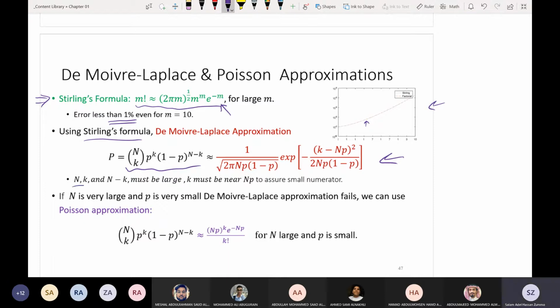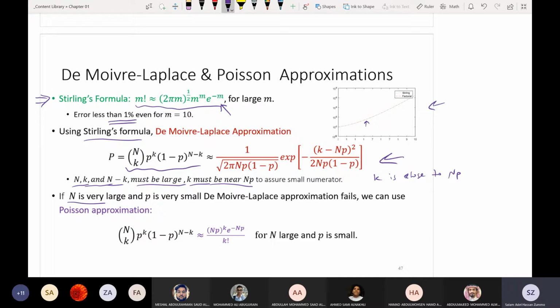This works when n, k, and n minus k are large, and k is close to np. Okay? These are the conditions under which the Laplace approximation works.